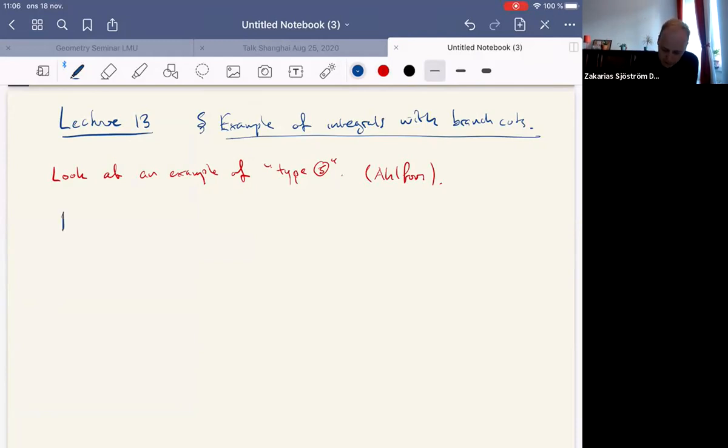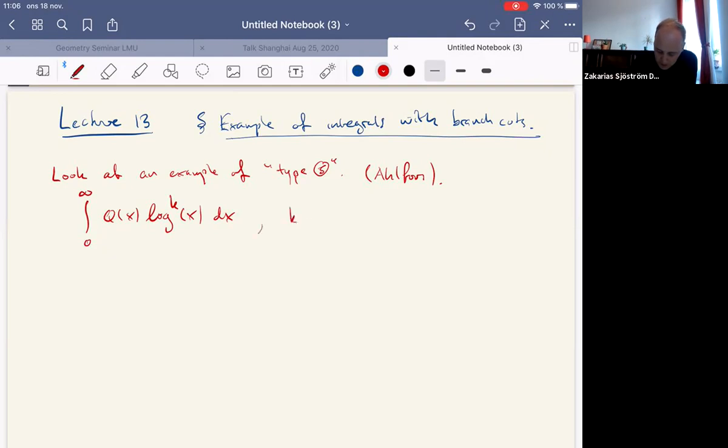So the example, these are integrals of the form 0 to infinity q of x log to the power k of x dx. So we're looking at real integrals, remember, and we're going to try to use the residue theorem to compute such real integrals.